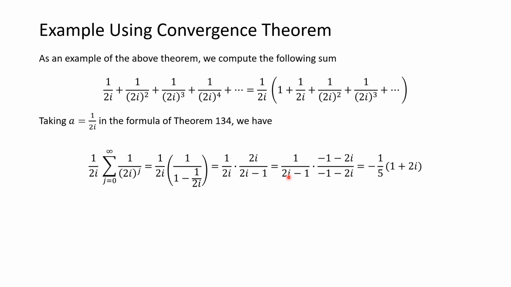We get 1 over 2i minus 1, which we can leave at that, but a lot of times you'll see textbooks will multiply by the conjugate of the denominator. So this is basically 1, but it changes the format. So on the bottom you get 5, and on the top you get the minus 1 minus 2i, and you get that as your solution.